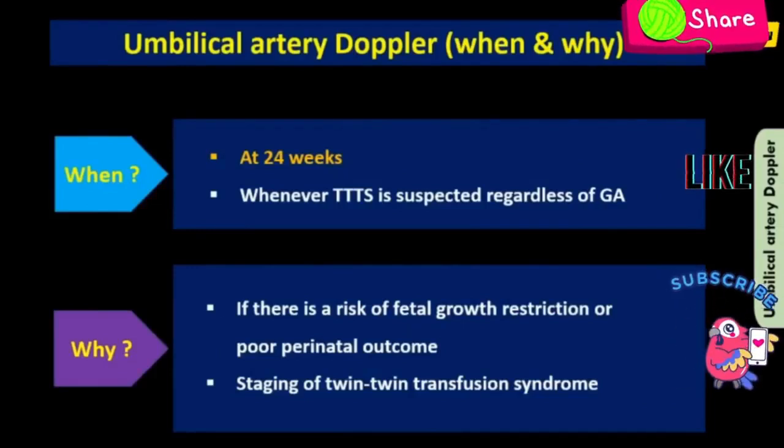However, in twin-twin transfusion syndrome, Doppler ultrasound of the umbilical artery is performed whenever the diagnosis is suspected, regardless of gestational age. Doppler study of the umbilical arteries is used to manage fetal growth restriction and to stage the twin-twin transfusion syndrome.